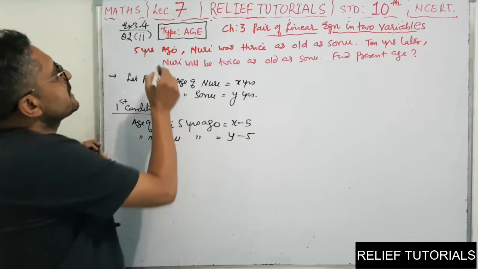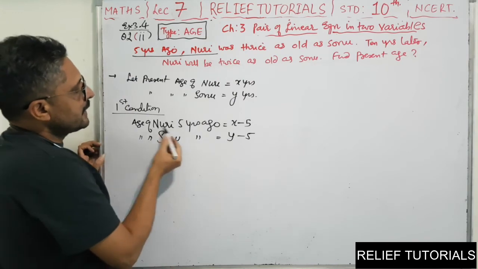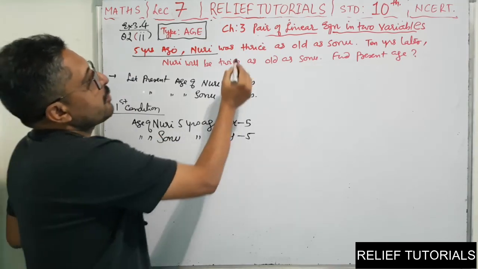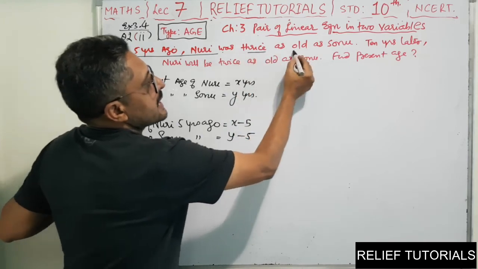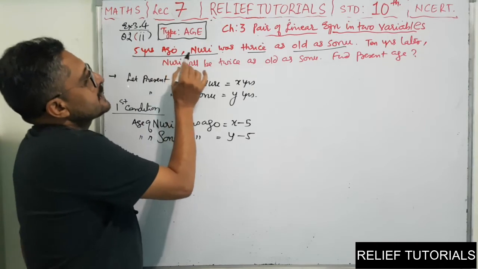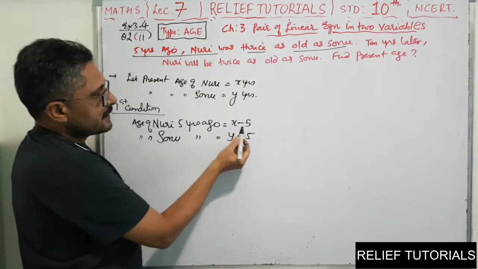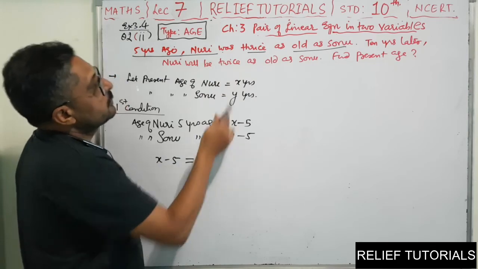Now see what is the condition. 5 years ago, age of Noori, that is x minus 5, was equal to thrice, 3 times as old as Sonu. So what is the age of Noori 5 years ago? x minus 5. Was means equal to thrice.